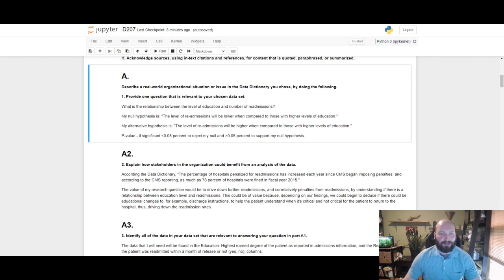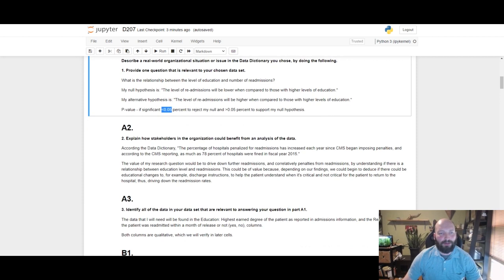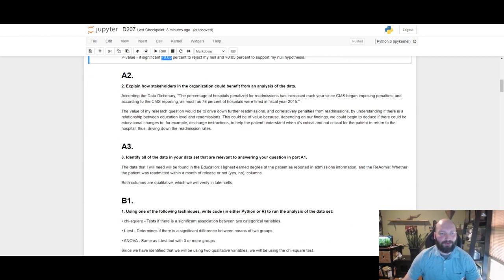So my null hypothesis is going to be the level of readmissions will be lower when compared to those with higher education levels, and my alternative will be that they are in fact higher. And my p-value is going to be if less than 0.05, I reject my null and accept my alternative. If greater than 0.05, that will support my null hypothesis.